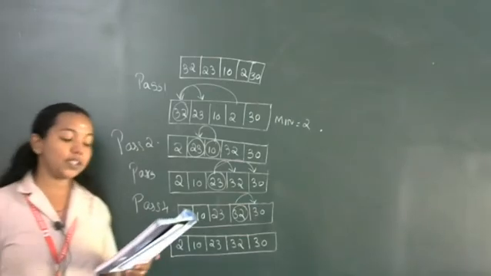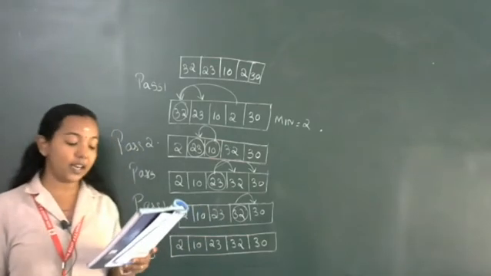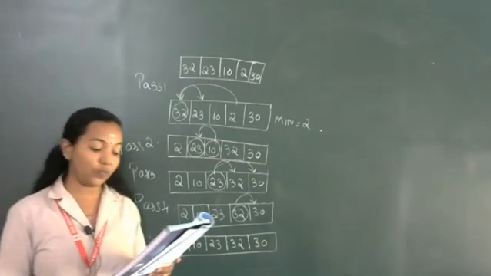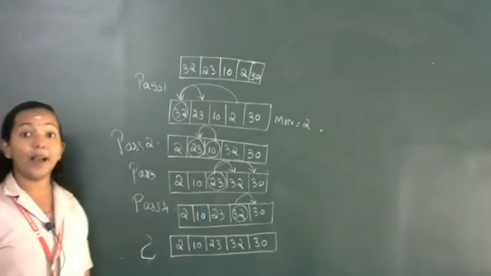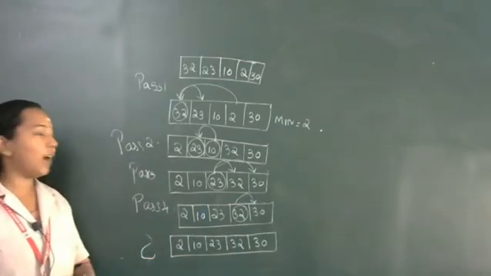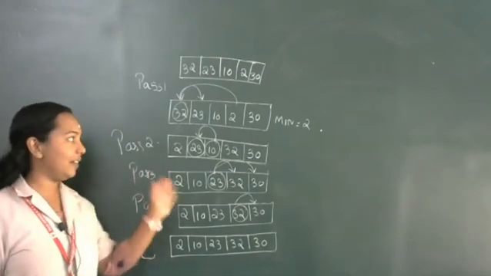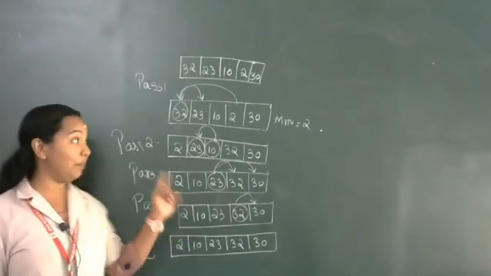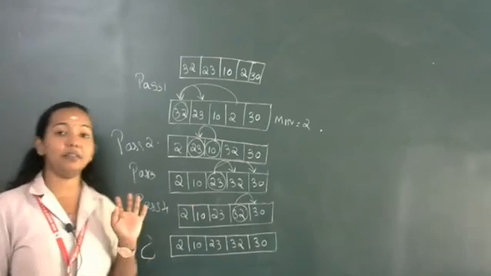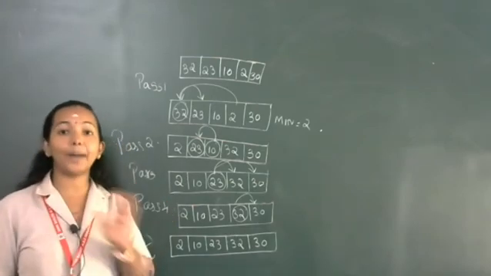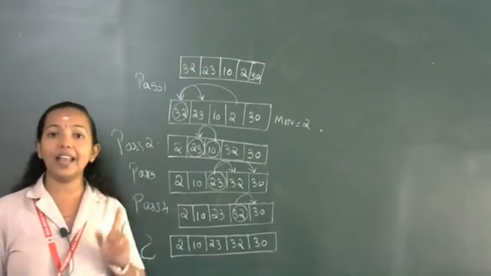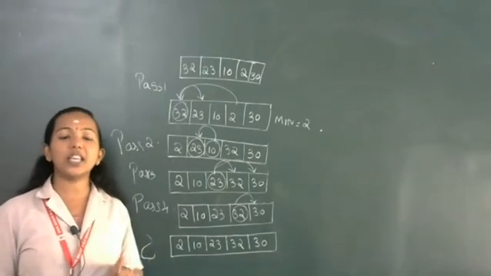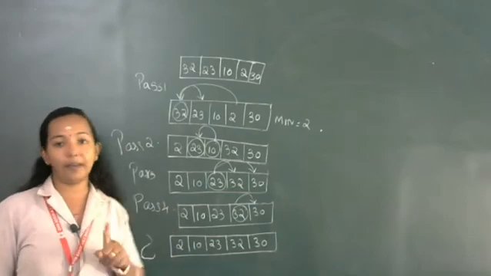The process of finding the smallest element and exchanging it with the element at the respective position is known as a pass. If an array contains n elements, we need to execute n minus 1 passes.